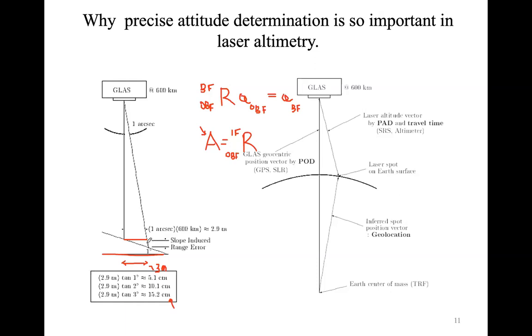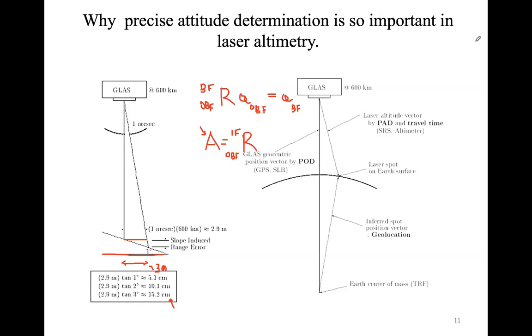So the attitude plays a major role in the accuracy of the instrument, in particular the laser altimeter, but it could be the same for a camera.